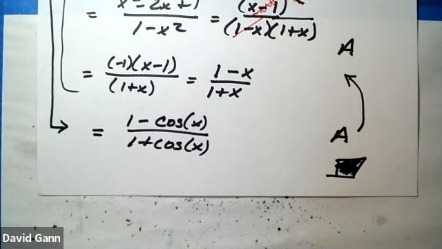So if you know what sine and cosine is for a 45-degree angle, or even a 30, or whatever else, you can now find what it is for half that, and then you can do it again and again and again.